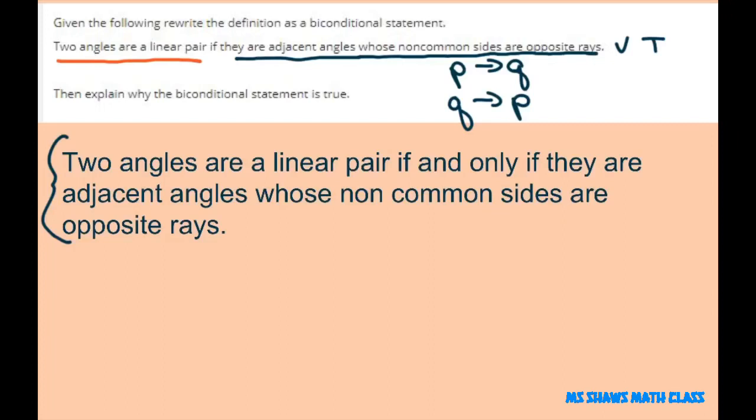So I just switched the P's with the Q's there. So since these are both true, then the biconditional is also true.